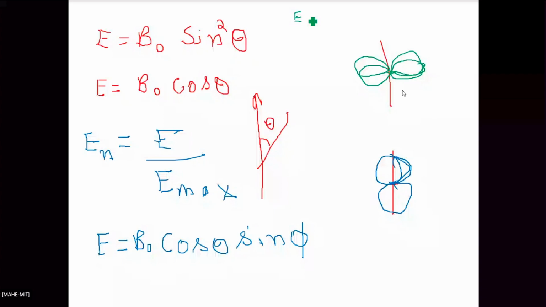Half power point means what? Half the maximum radiation, the direction of half the maximum radiation. So maximum radiation is at 90 degrees. Half power point would be somewhere here. So how do we get that point?